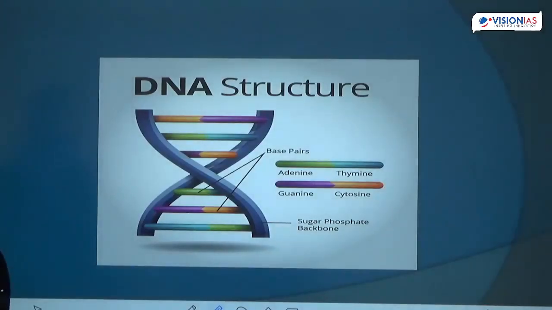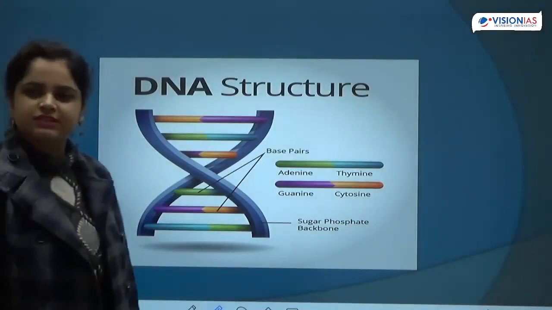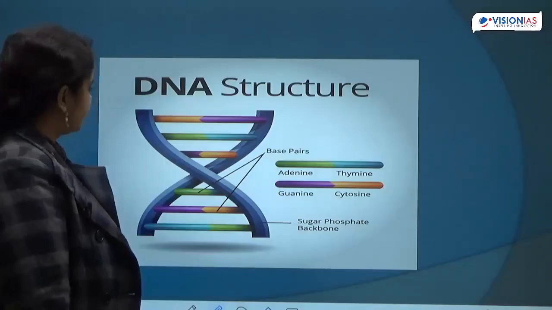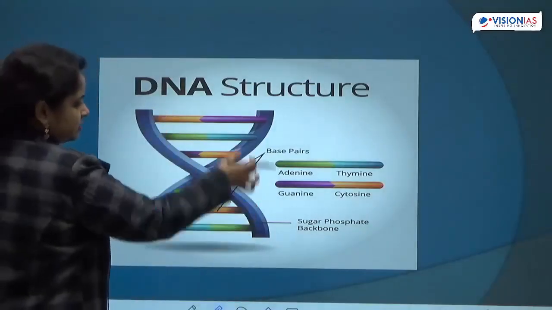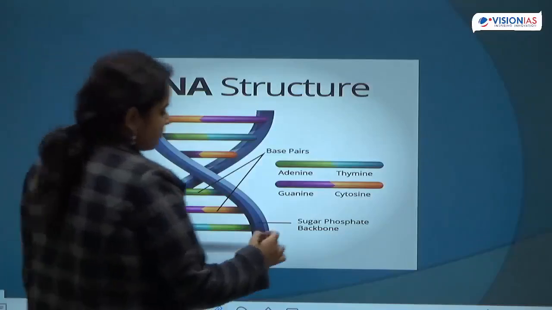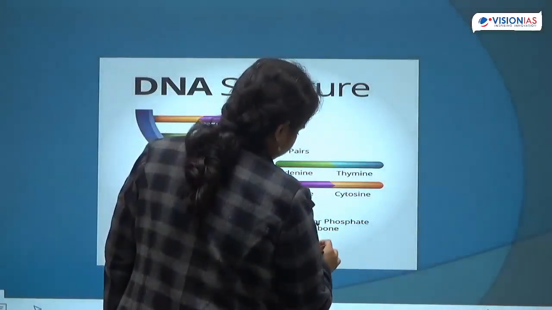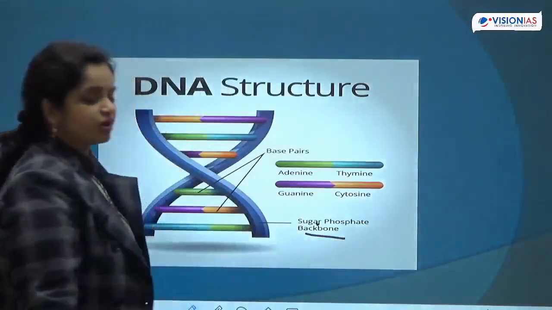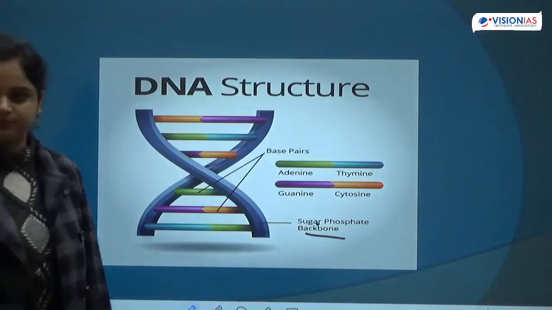Okay. So this is the structure of DNA. You can see these two strands or ribbon-like structures, the blue colored ones. They are made up of sugar and phosphate, so we say this is the sugar phosphate backbone.